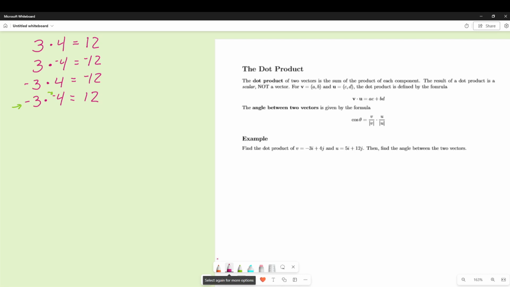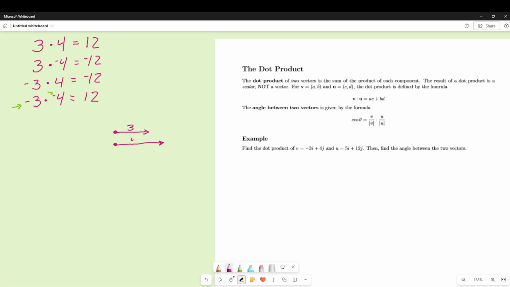But the idea of dot product actually gives us, in some ways, a little bit more insight, because what dot product does is it considers 2 vectors. So, we've got a vector here of magnitude 3 and another vector here of magnitude 4.